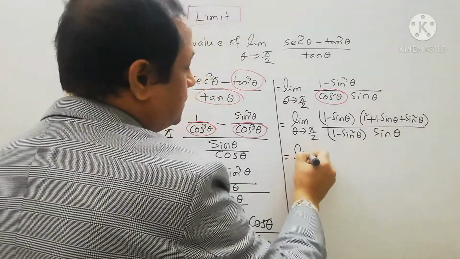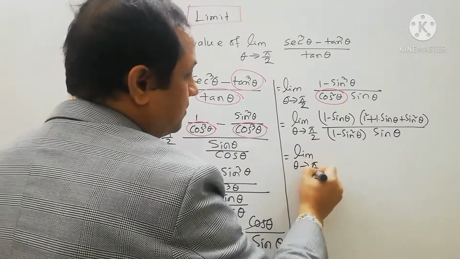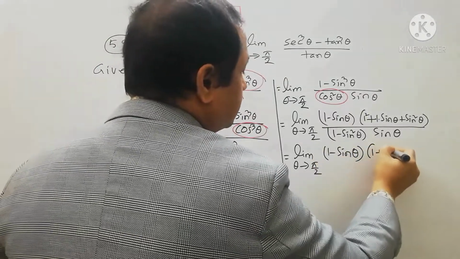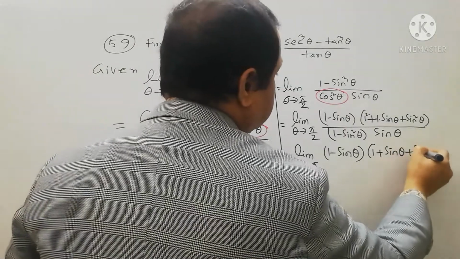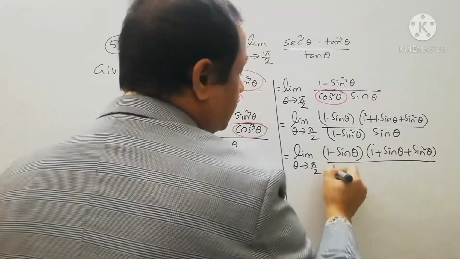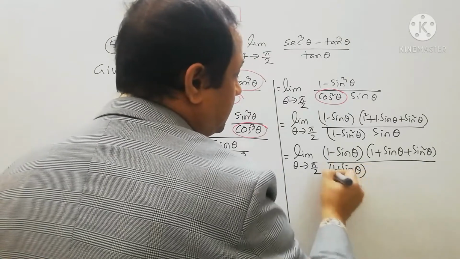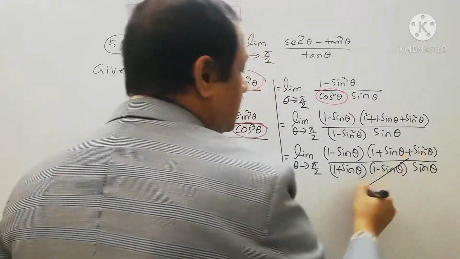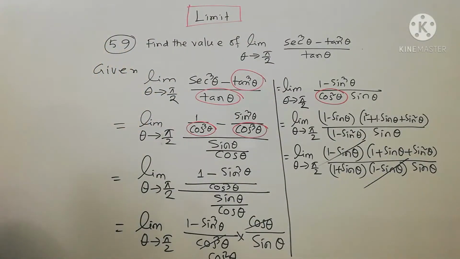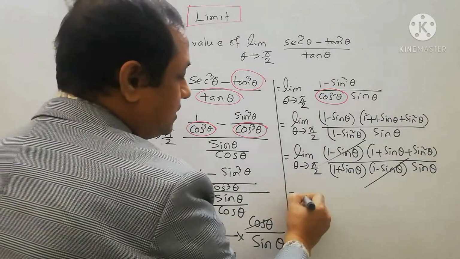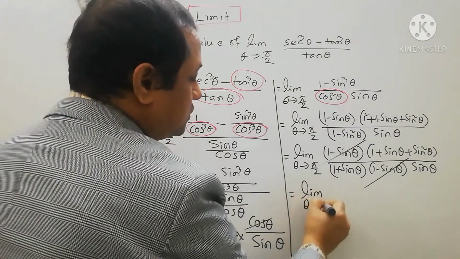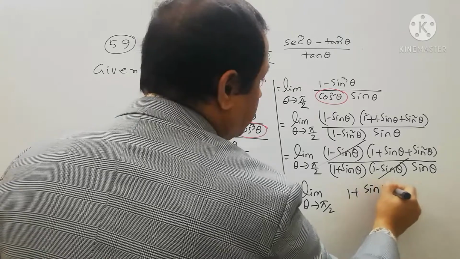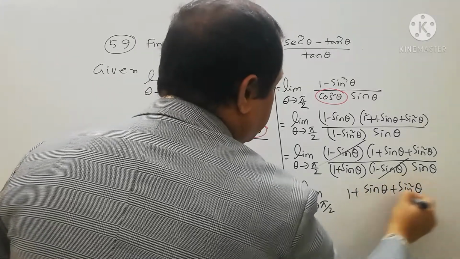Next line, student, limit theta tends to pi by 2, 1 minus sin theta and 1 plus sin theta plus sin square theta, over a plus b into a minus b, and here sin theta. So student, 1 minus sin theta and 1 minus sin theta cancel. Then we get limit theta tends to pi by 2, 1 plus sin theta plus sin square theta by sin theta.